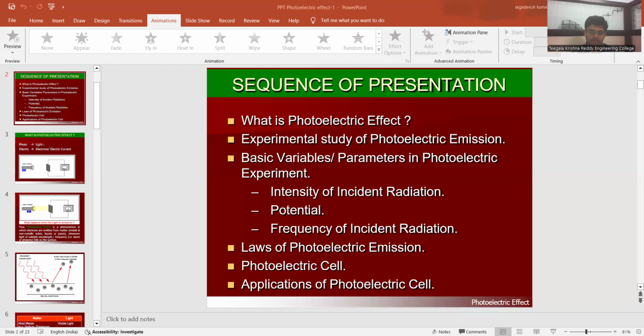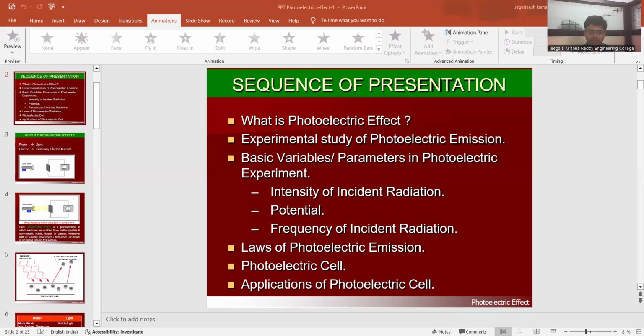How many electrons are emitted and how much kinetic energy they have depend on the intensity of the incident radiation, the potential difference between plate A and plate B, and the frequency of the incident radiation, and on the photometal used. The number of electrons emitted and their kinetic energy depend on these characteristics.